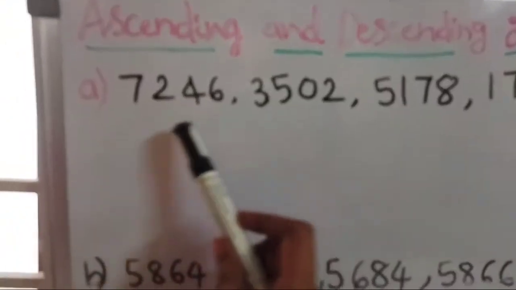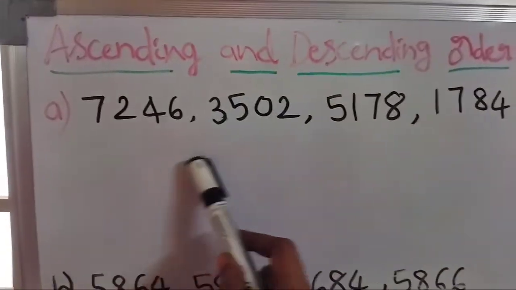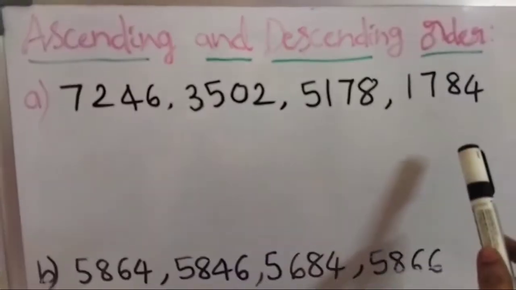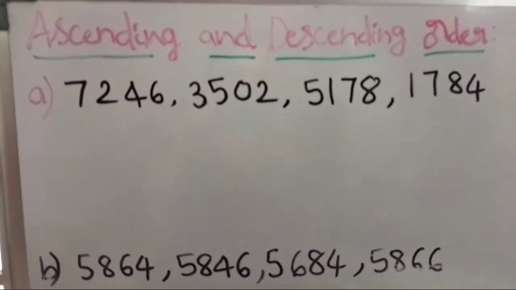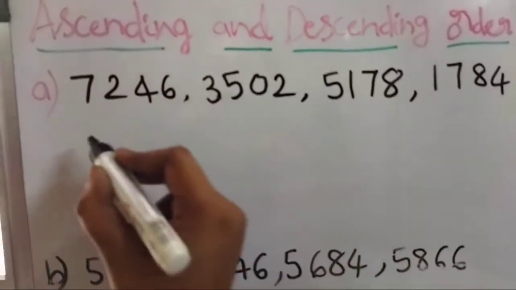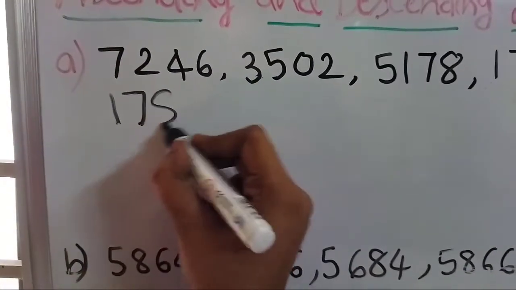Practice these numbers in ascending and descending order. See all the 4-digit numbers. What is the smallest digit in thousands place? Smallest digit is 1. So we write 1784.